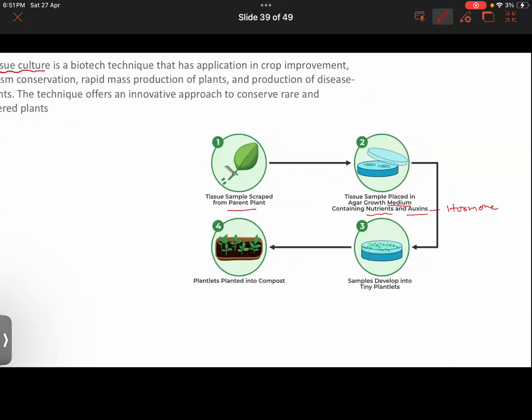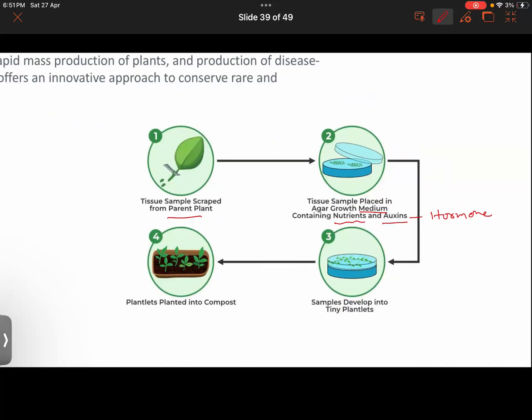Note that we are not growing it from the seeds. You have just taken a tiny tissue of the plant and are growing it in a nutrient rich medium. So tiny plantlets start to grow from it. Once it has grown to sufficient size, you can start to grow it in compost.